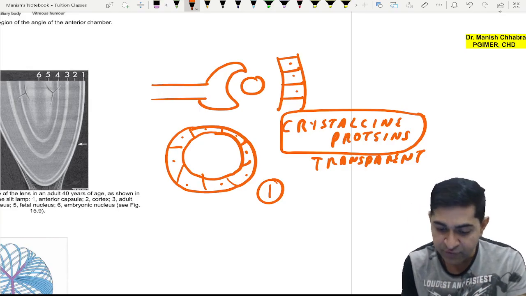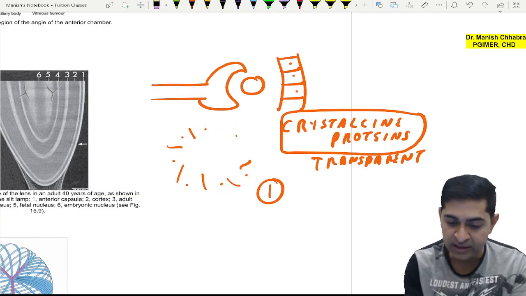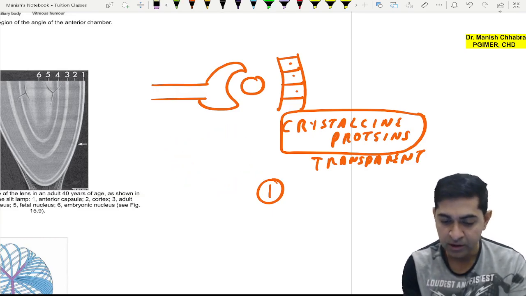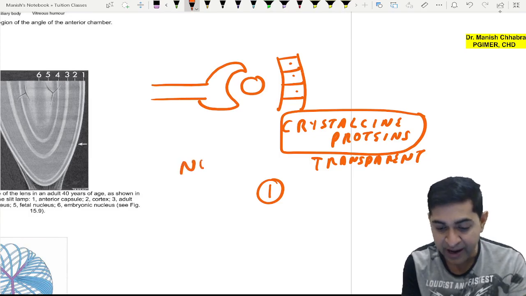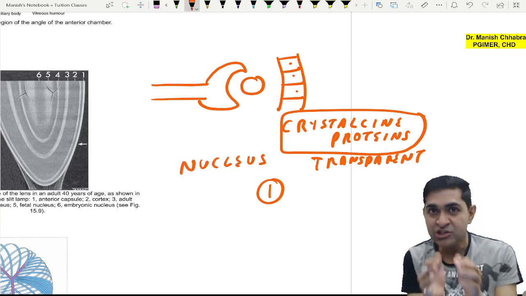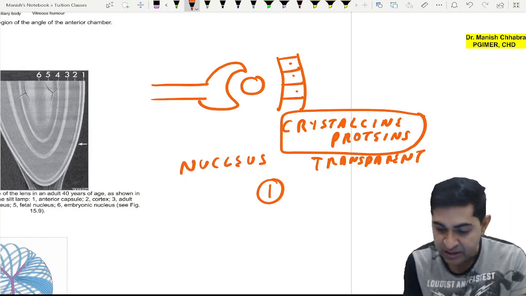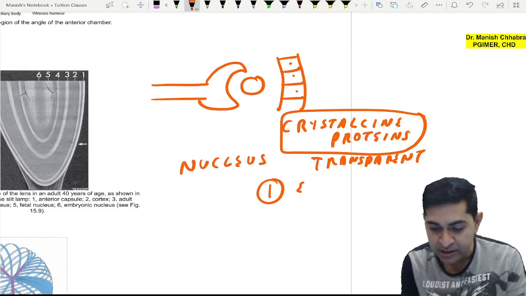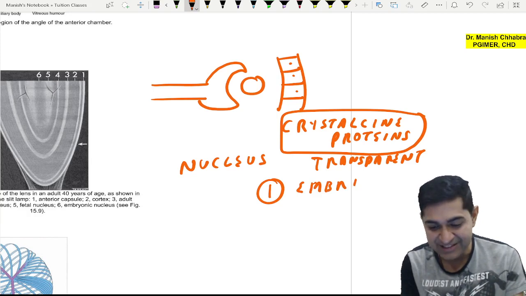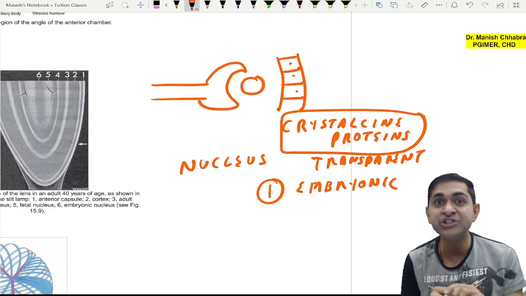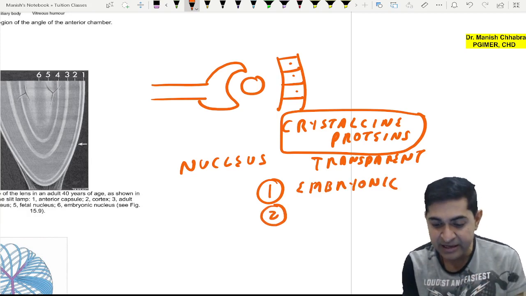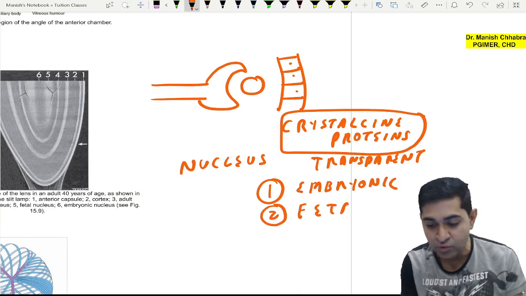If we talk about the nucleus of the lens, here I am going to write nucleus. From the core to the periphery, first we have the embryonic nucleus, which is formed initially. Second, we have the fetal nucleus.